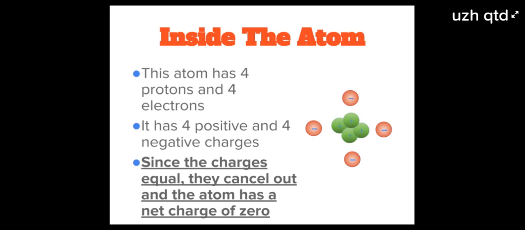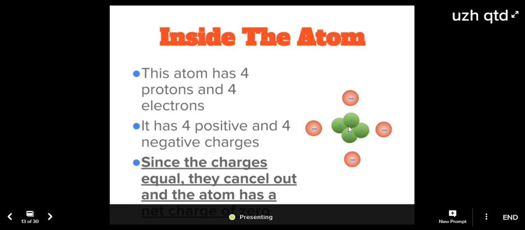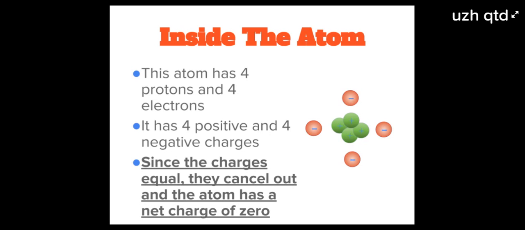Beryllium is atomic number 4, which means that it has 4 protons and 4 electrons. That means that it has 4 positive and 4 negative charges. Because positive 4 plus negative 4 equals 0, they cancel out, and the atom has a charge of 0. This is a neutral atom of beryllium.